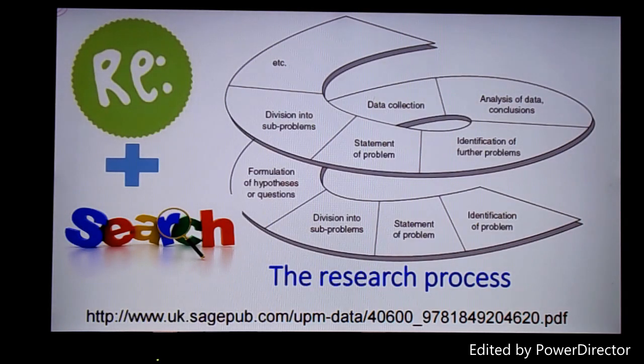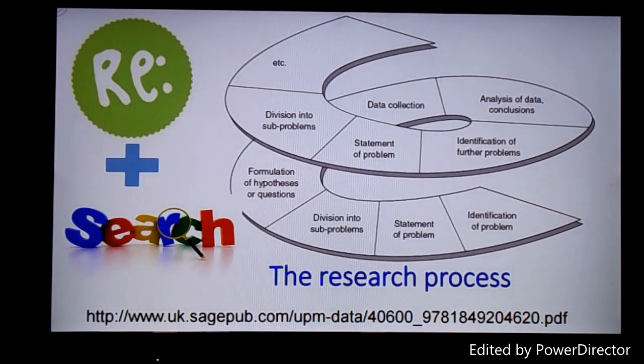Then we may subdivide it into sub-problems, as the case may be. Then we formulate a hypothesis or questions. We collect data. We analyze the data. We identify further problems from the analyzed data and the conclusions made.